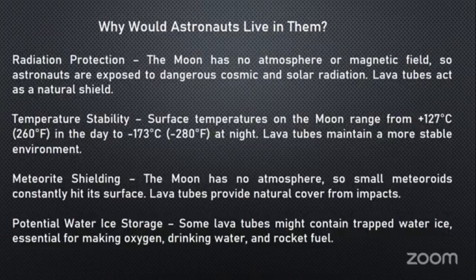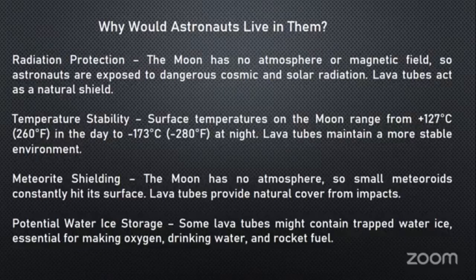But the moon has neither, so astronauts are going to be exposed to dangerous cosmic and solar radiation. Lava tubes act as a natural shield from these.